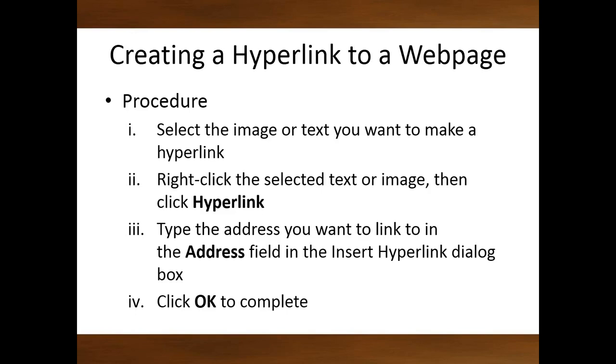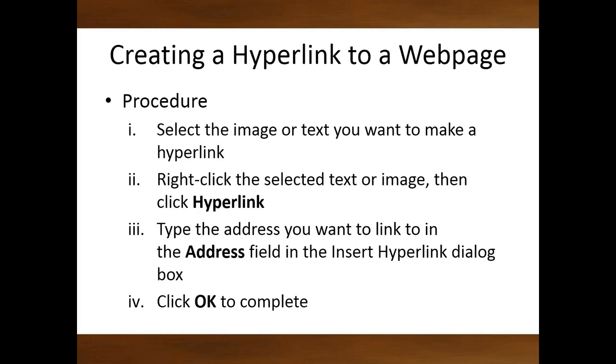Right-click the selected text or image, then on the context menu that displays, click Hyperlink. 3. Type the address you want to link to in the address field of the Insert Hyperlink dialog box. And when you are done, click the OK button.